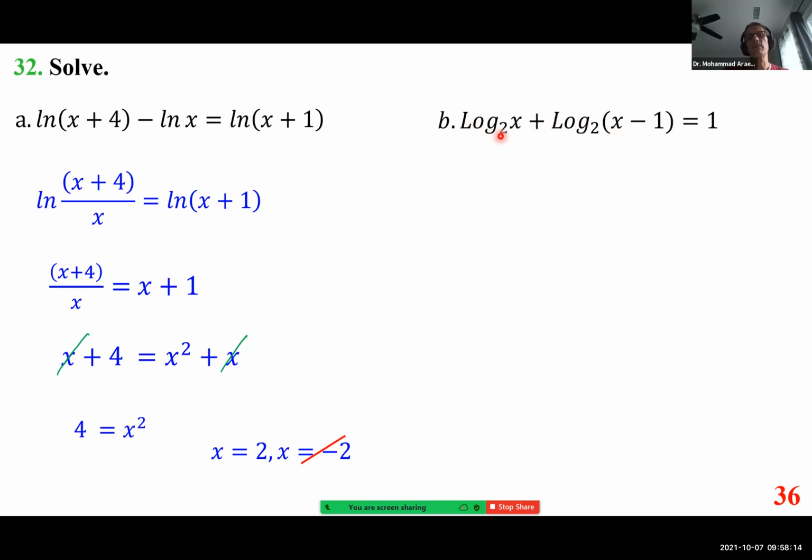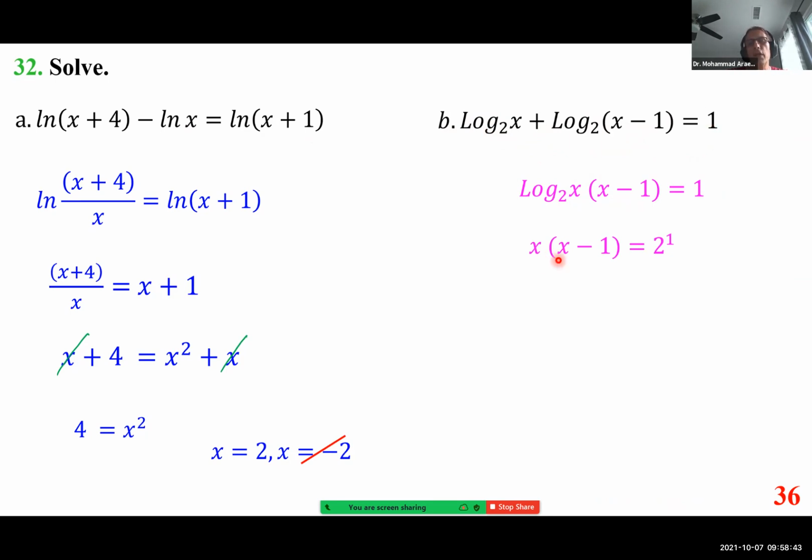One side involves logs. We bring that together by the product rule. So log of x times x minus 1 base 2. And the right side is a number. There's nothing else we can do to simplify this further. We go with the definition. We go this route. x times x minus 1 is 2 to the power of 1. Please understand whatever this is, the base to the power of that.